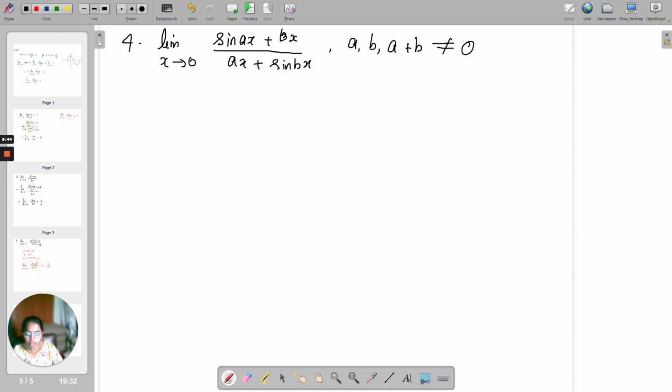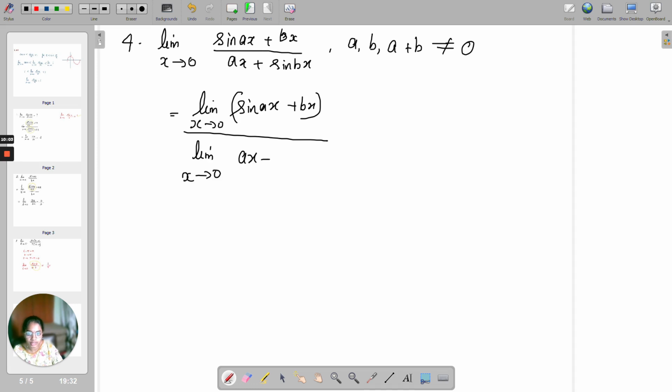From algebra of limits, I can write this as limit x tending to 0 of sine ax plus bx, divided by limit x tending to 0 of ax plus sine bx.